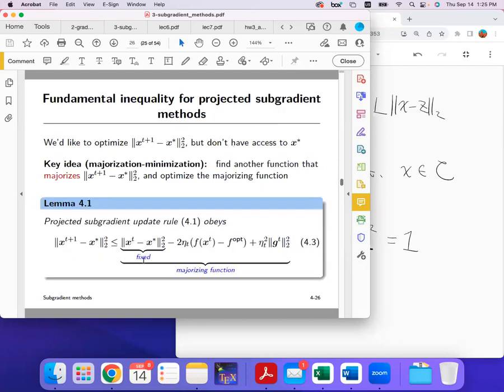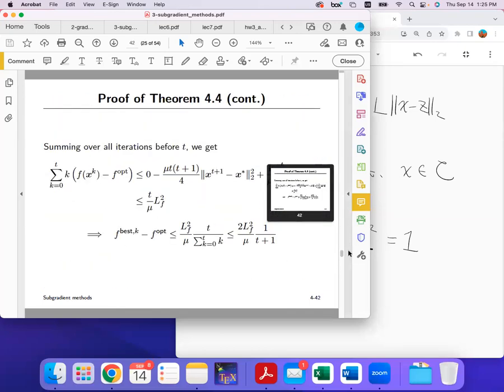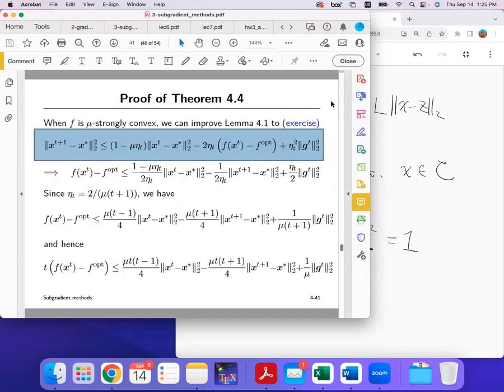The only difference is about this lemma. This is what we can do for convex problems, where the coefficient of this term is 1. But for strongly convex problems, we can improve it with an even smaller coefficient, something less than 1.